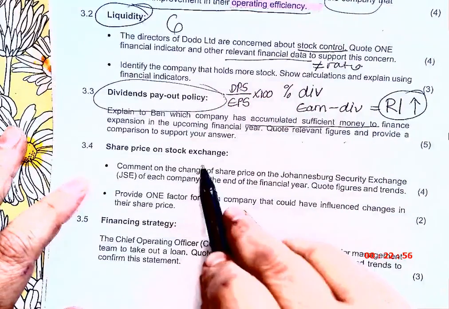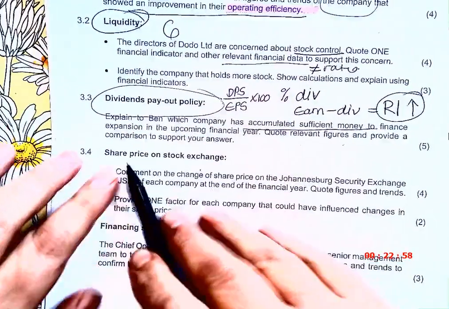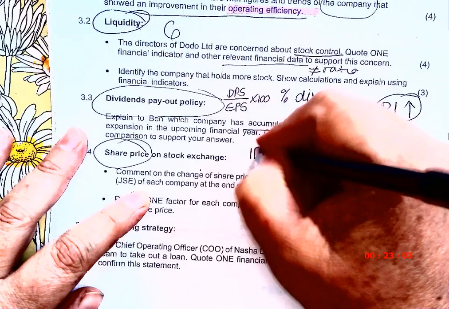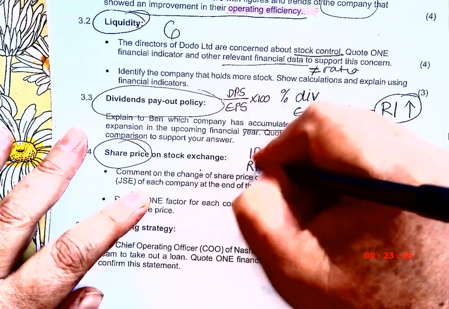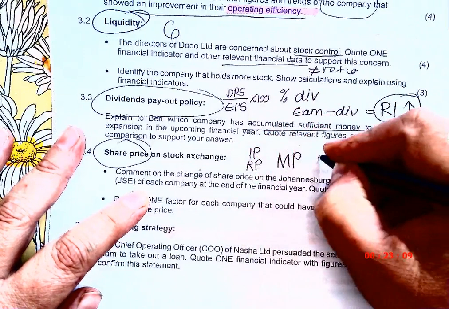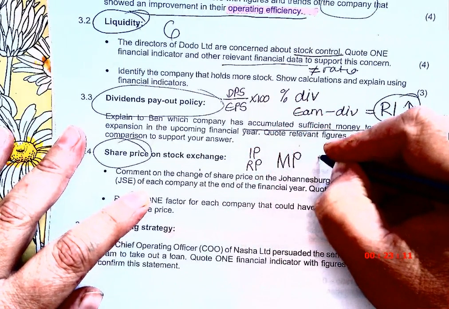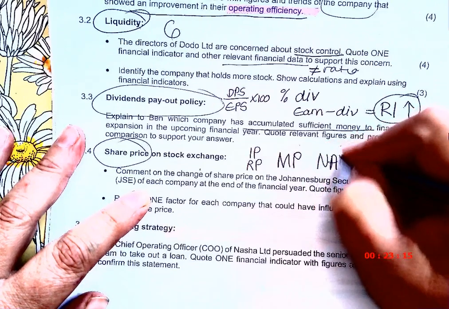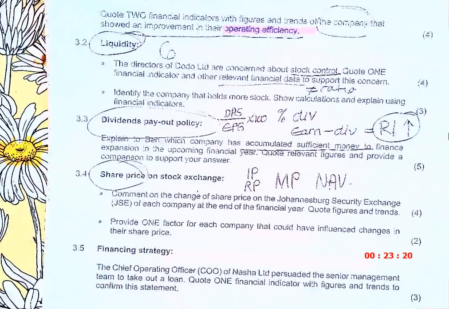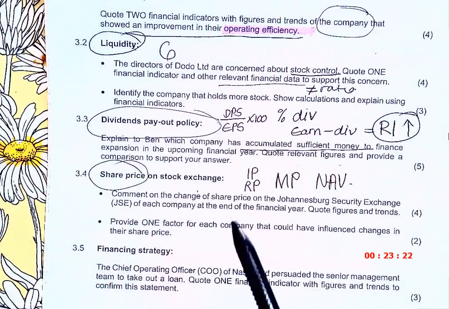So now, share price and stock exchange. Now the moment they talk share price, you're going to think issue price or repurchase price, né? Market price, and what's the third one? What's the third one that you always compare it with? NAV. Okay, you guys, I see you still got a lot of studying ahead.